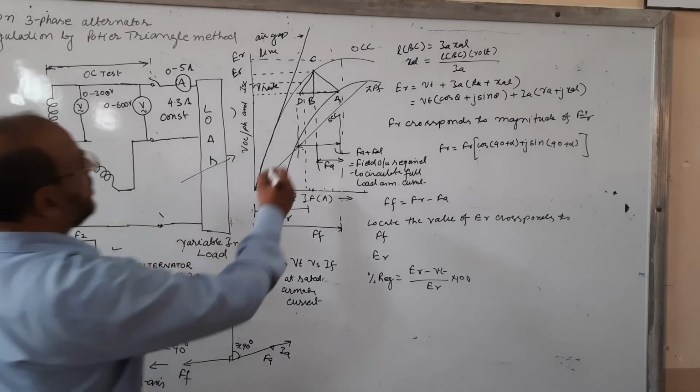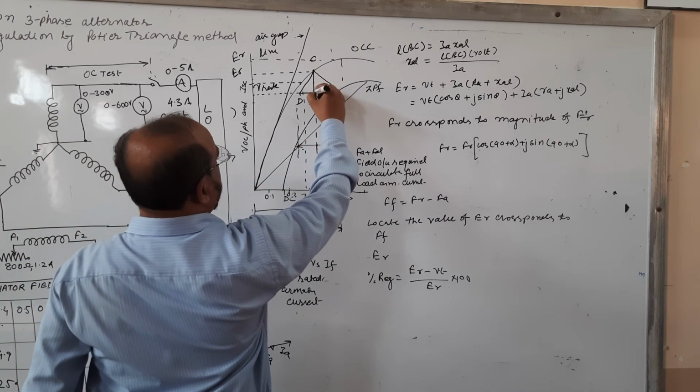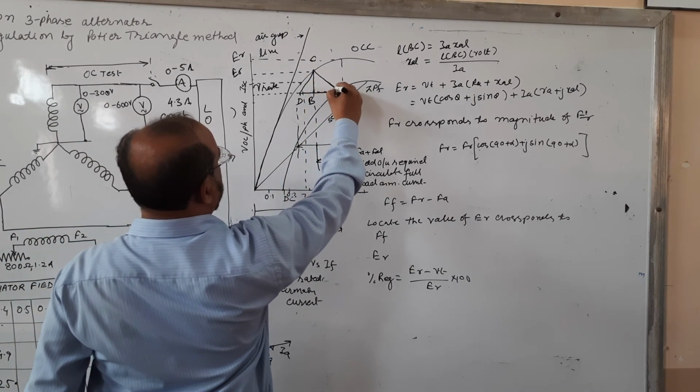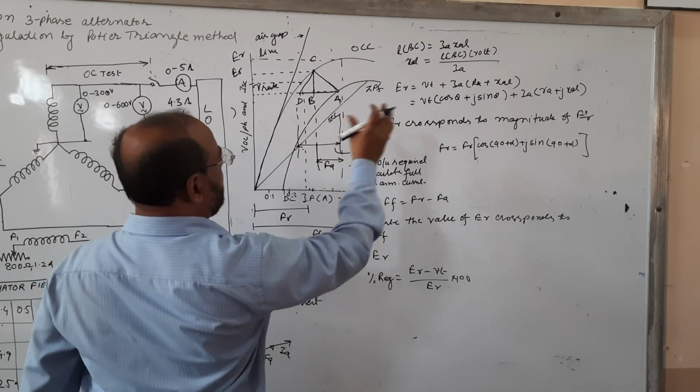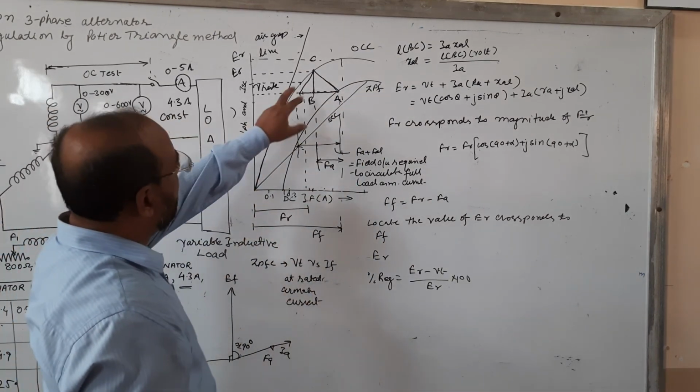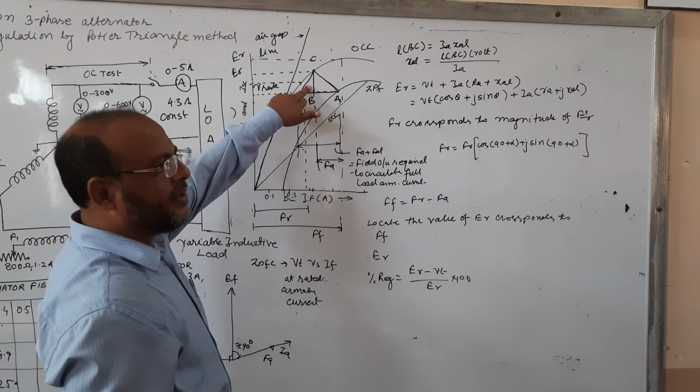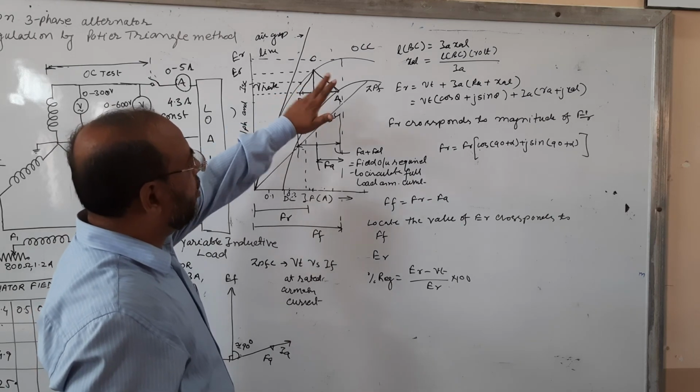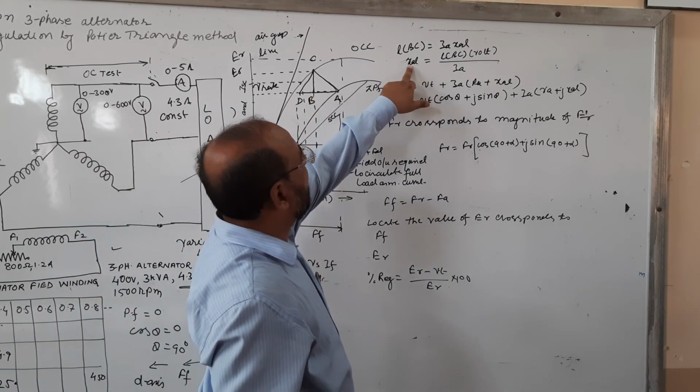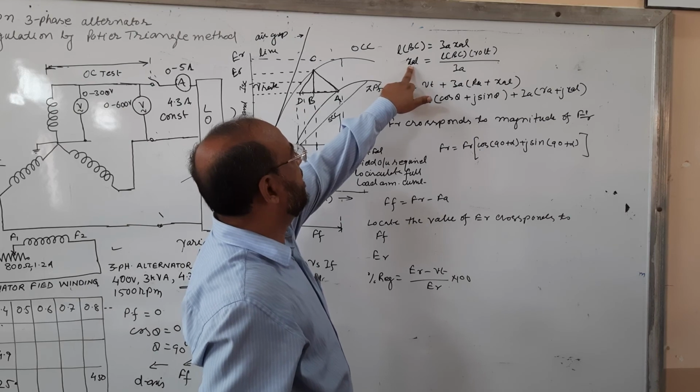This triangle is called a Potier triangle. Okay, it represents the IAXL. So, what is the advantage? In the last two methods, the MMF method and EMF method, we are not able to calculate the armature leakage reactance XAL.